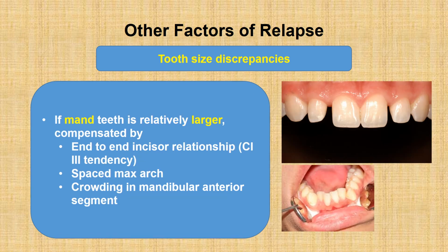Now, if the mandibular teeth are relatively larger, this is compensated by an end-to-end incisor relationship or a class 3 tendency, spaced maxillary arch, and crowding in the mandibular anterior segment.